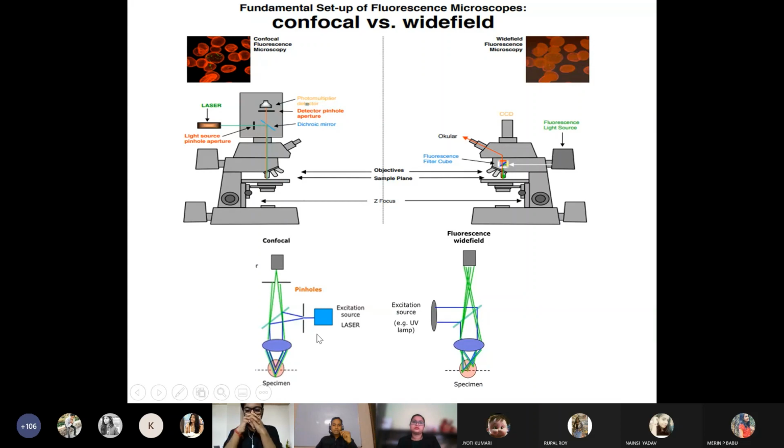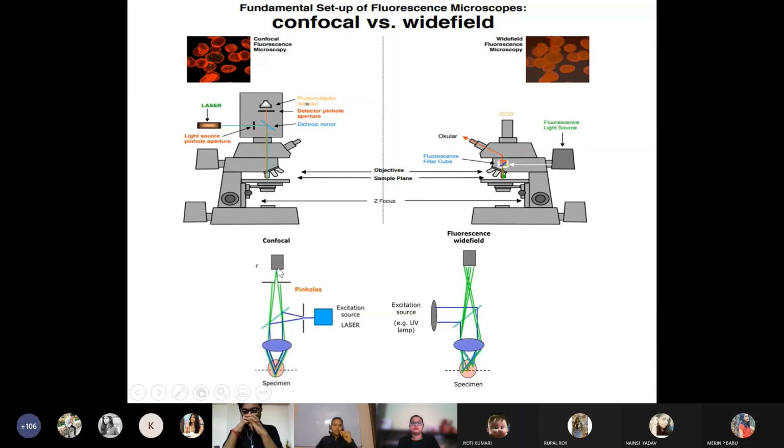Okay, so you can see that in the confocal microscopy, the specimen point is very precise, whereas in the wide field, it is exciting the entire cell simultaneously. So if this is a single layer of cell, it's fine. If it is multi-layer of cells, there is a problem with the wide field fluorescence microscopy, but not with confocal microscopy.